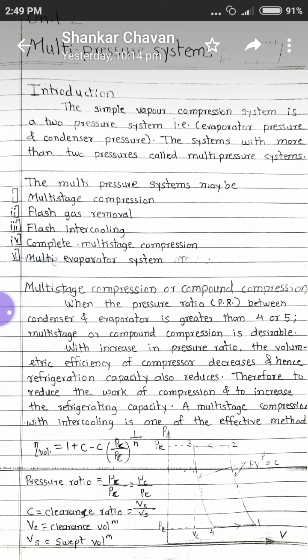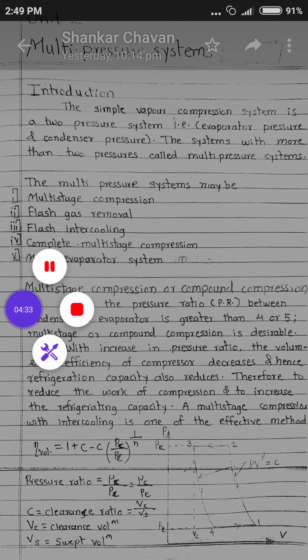If we pressurize the refrigerant with the help of a number of stages, that is a low pressure stage, after that an intermediate stage, after that a high pressure stage, then the work required for compression decreases, the volumetric efficiency of the compressor continuously increases, and due to that the coefficient of performance increases.